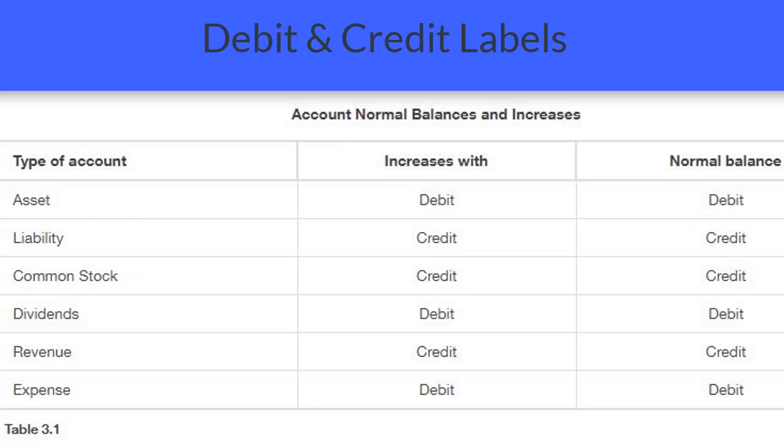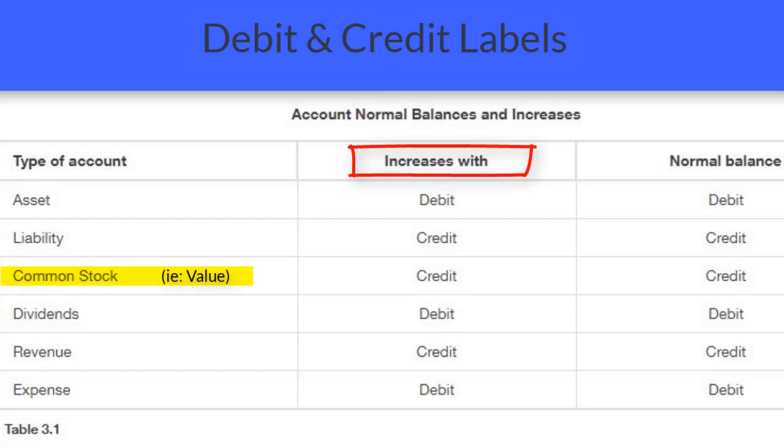Now, what about equity value numbers? What about common stock value or retained earnings value? Well, when value goes up, whether it's because an investor gives us money, that would be common stock value, or because we work hard and earn value, that would be revenue.